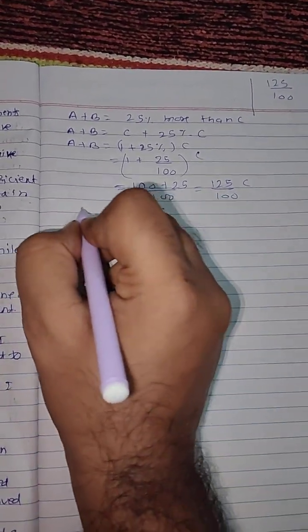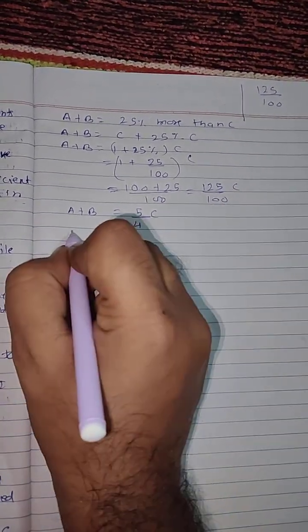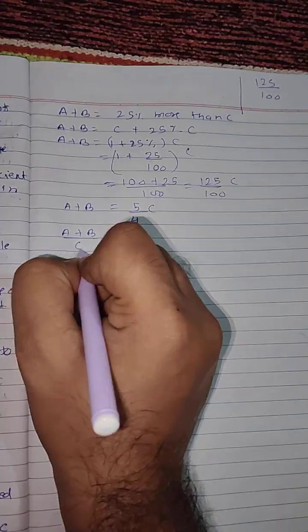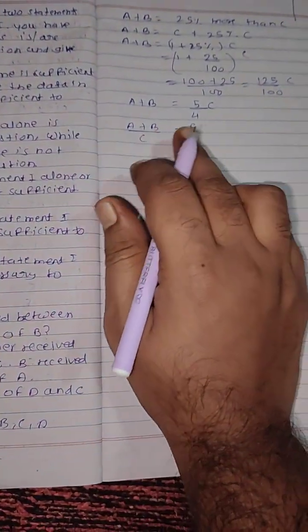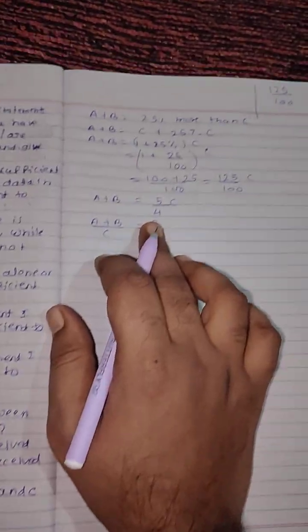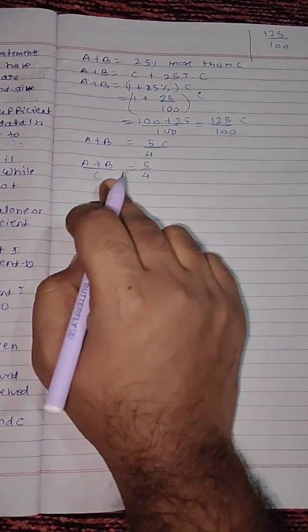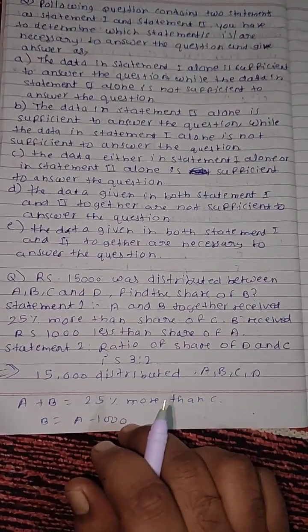So A plus B equals 5 by 4 times C, and A plus B by C is 5 by 4. By solving this, A plus B is 25% more than C, we have got this. But one more info they have given: B received 1000 less than the share of A.